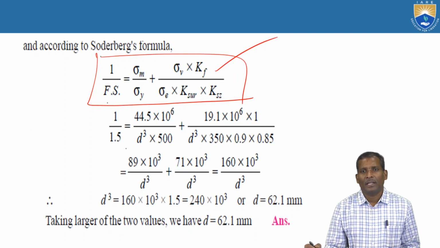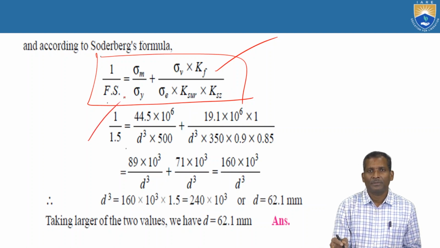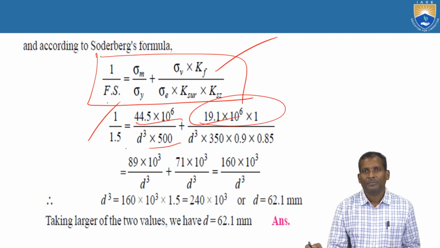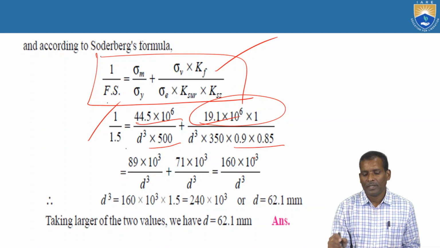So once again calculate d by using this Soderberg line method. 1 by factor of safety, sigma mean, and sigma y value given 500, and similarly here variable stress 19.1 into 10 to the power 6 into 1, and surface finish factor and size factor.